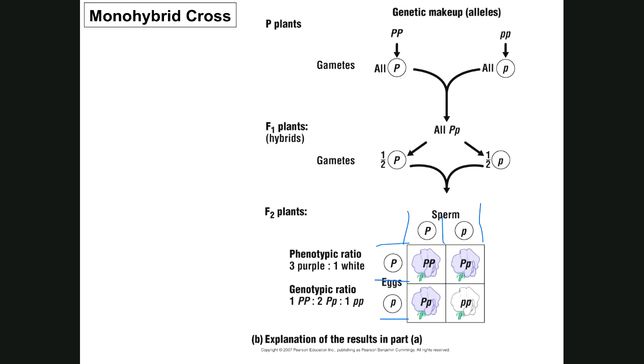In the enclosed squares is where we put the information for the offspring, in this case, the F2 offspring. Notice we're showing you pairs of alleles to indicate the offspring are diploids, and they're created through the production of haploid gametes produced by diploid F1 parents.